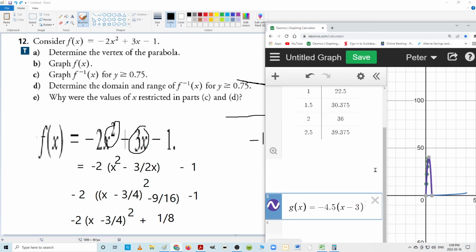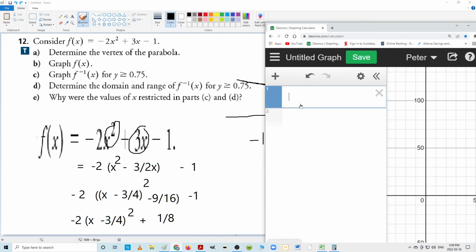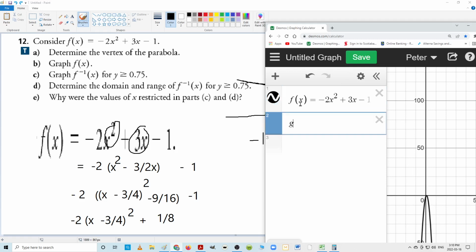I'm going to erase all the old stuff here. And we're going to put in the original function. We're going to put in our completed the square function.